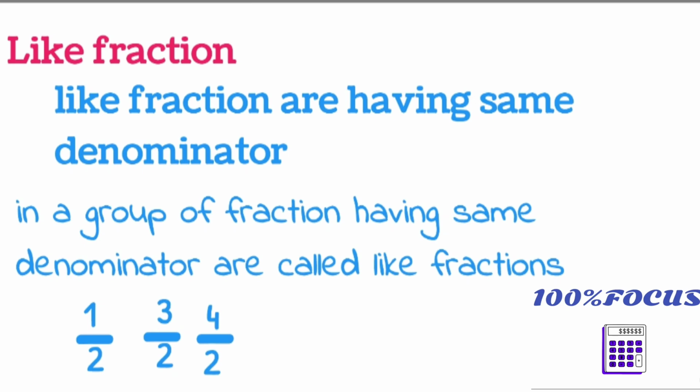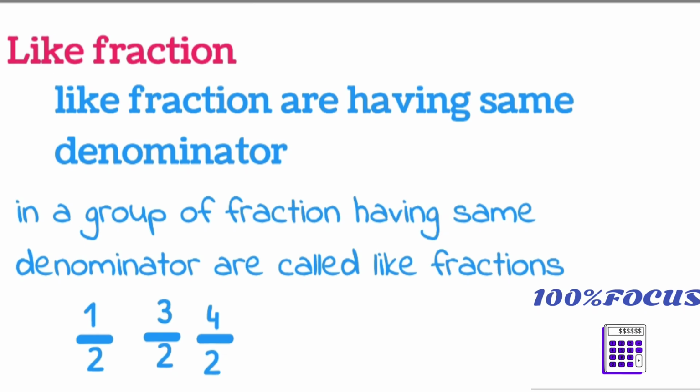Okay, here this is a group of fractions. We have 3 fractions here, which means this is a group of fractions. In this we have denominator as 2. So these are like fractions. Fractions having the same denominator are known as like fractions.